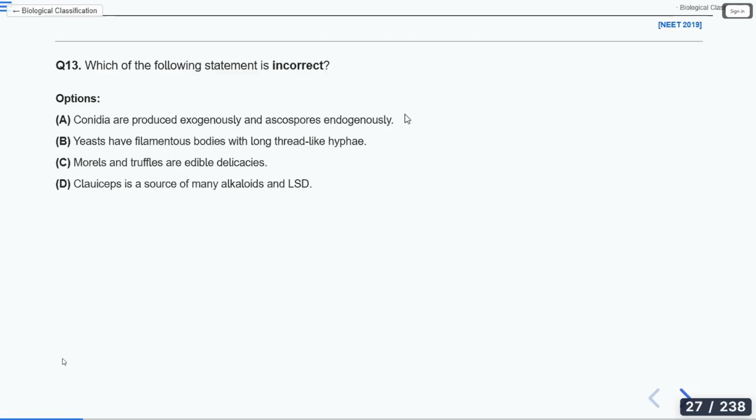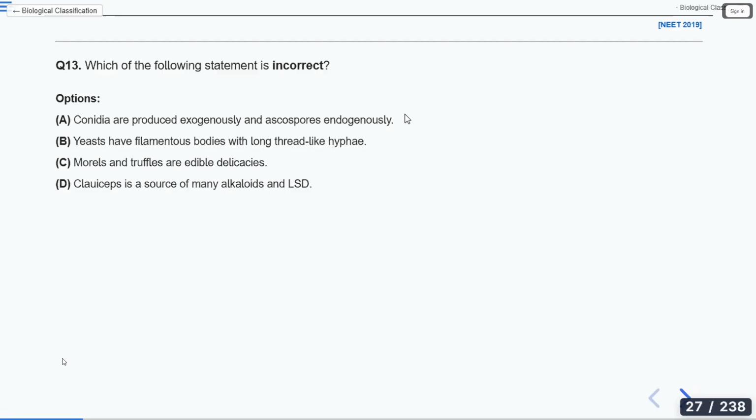Someone said A is the correct answer. Why do you say A is correct? What is the reason? Again, B is the correct answer. Okay, why is B correct then?